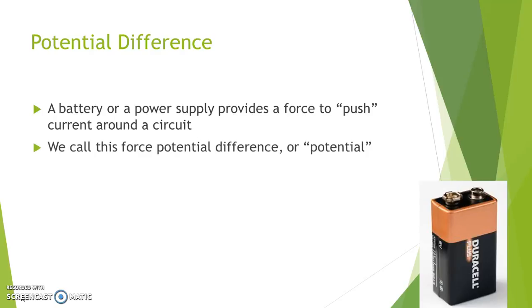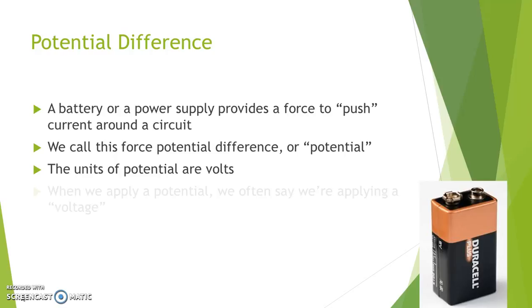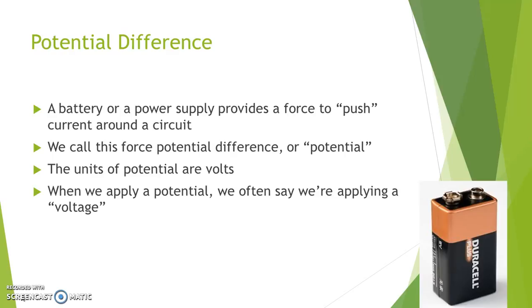And those things provide this push, this potential difference, to make electrons move. The units of potential are volts, and we won't get into the derivation of volts, but that's okay. We don't really need to know that. We just need to know that the greater the voltage, the greater the push on the electrons, the more the tendency for electrons to move.